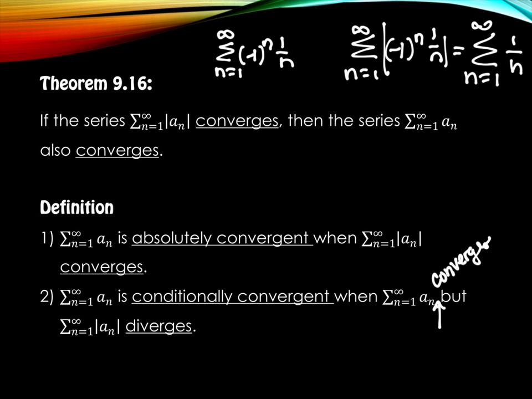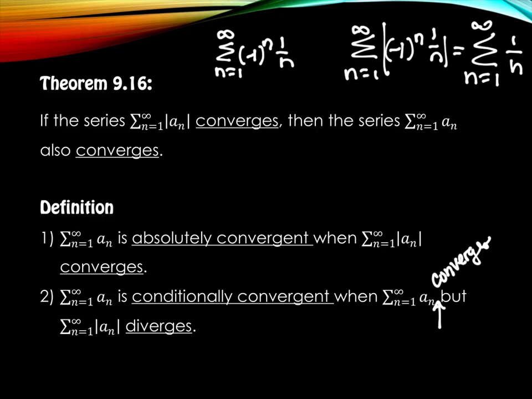Just 1 over n. And what do we know about the summation of 1 over n? It's harmonic. It does not converge; it diverges. So knowing the absolute value converges guarantees the original series converges, but knowing that the series converges does not guarantee it the other way around. So you've got to make sure you know which direction you're looking at.